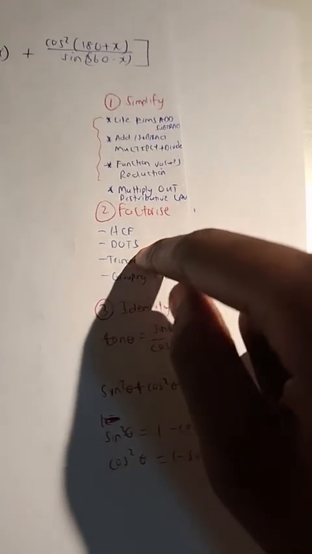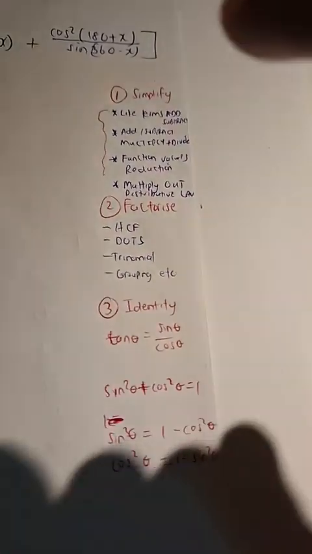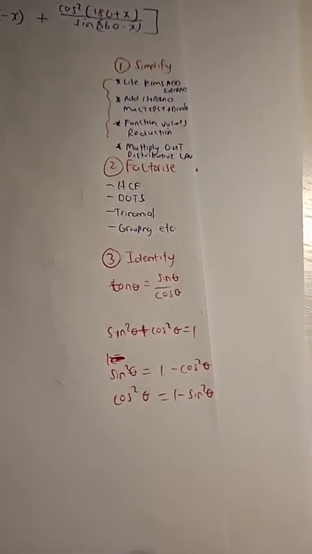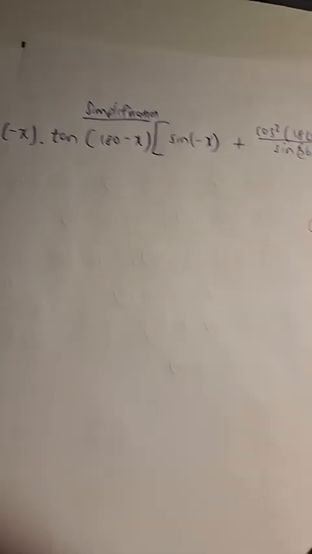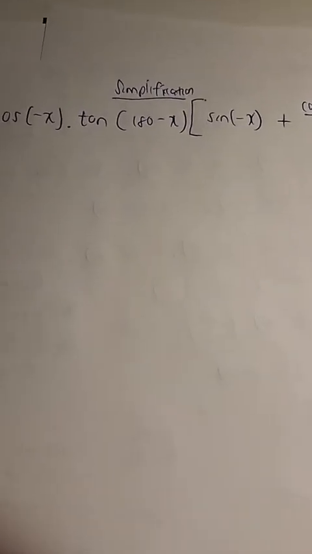You check if there isn't anything that has to do with this, and if there isn't, you jump to check the other. That's basically how we go about things when we are doing these questions.